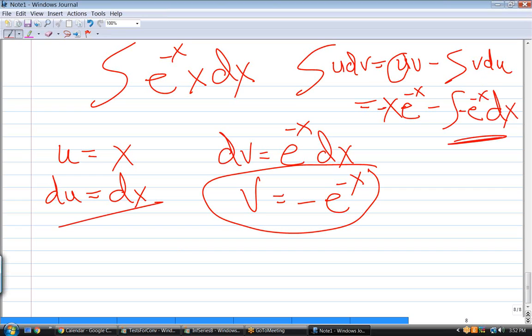And now I have an integral that's easy to integrate. In fact, I'll pull the negative signs out, so I'll make that a positive. And now my answer is minus x e to the minus x plus, well, the integral of that is negative e to the negative x.